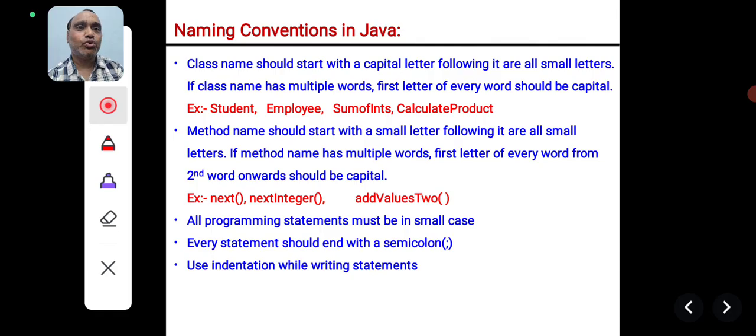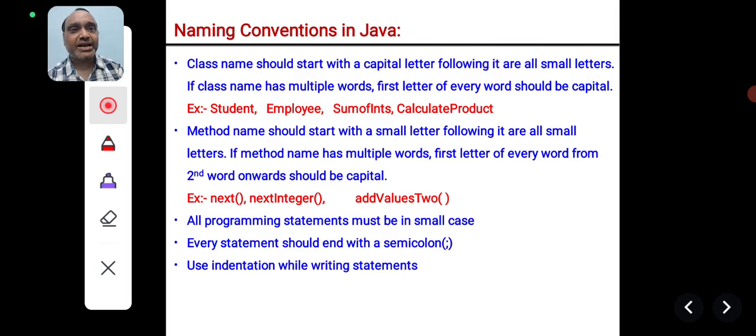So these are only conventions. If you are following these conventions, anybody can easily understand your program. Anybody can identify by looking at the names in your program whether it is a class name or a method name. Here the class name should always start with a capital letter.